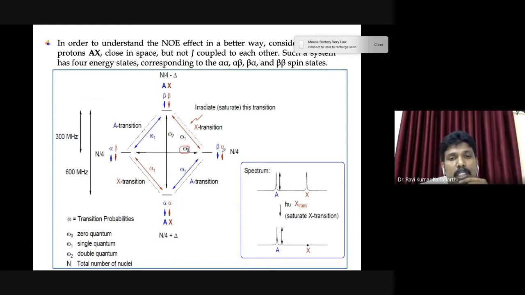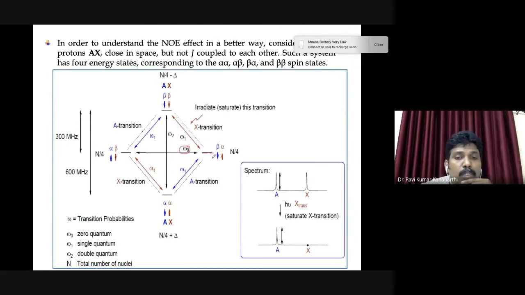You just look here, and then you have a beta alpha and then the beta beta state. So what about this transition? Look here: the A spin state remains the same, but the X spin state is getting changed. Initially it is alpha, but then in this transition the X spin state is changing to beta. What about this? Here the A spin is changing from alpha to beta, while the X spin remains the same.